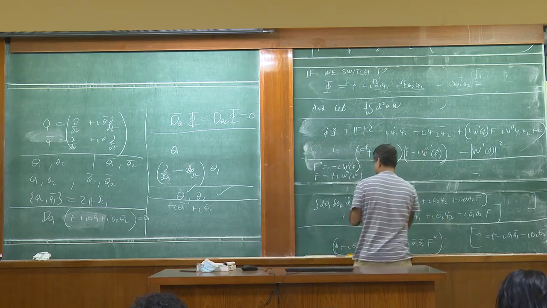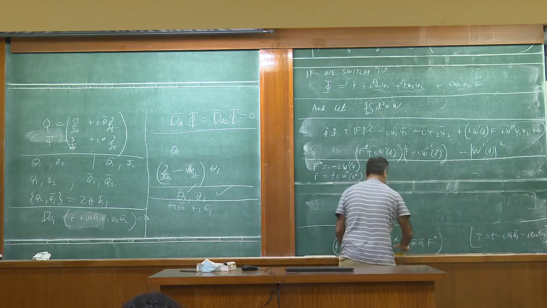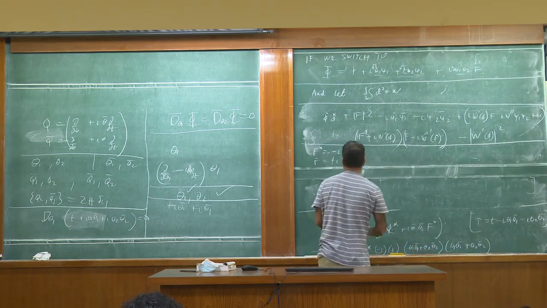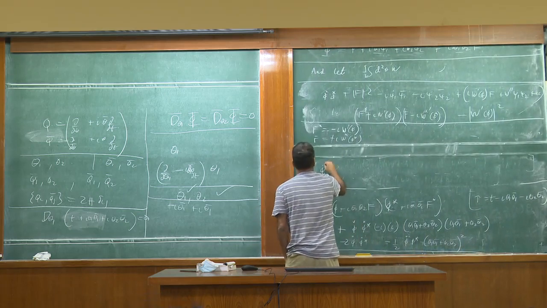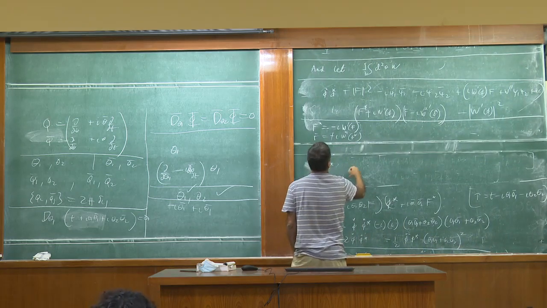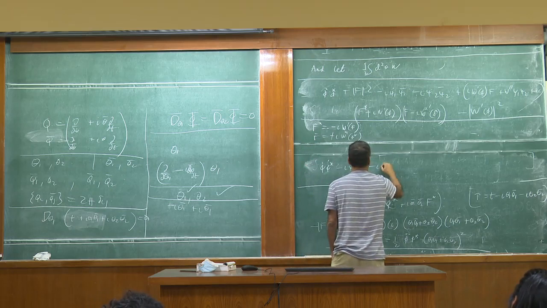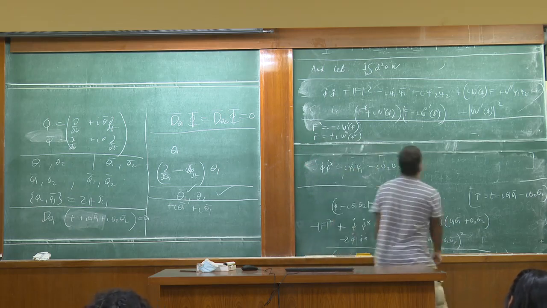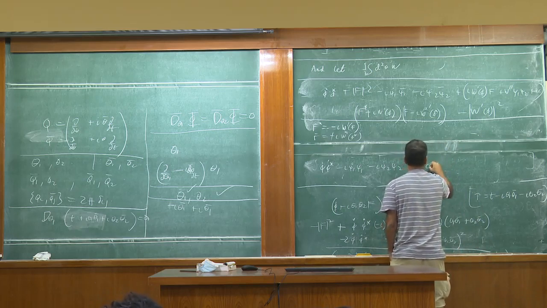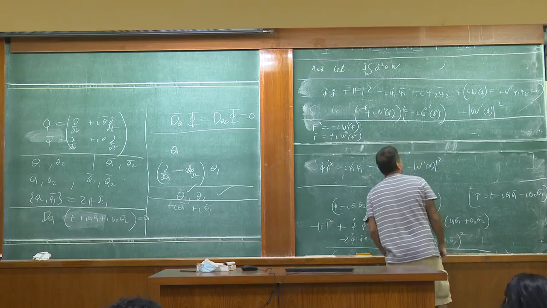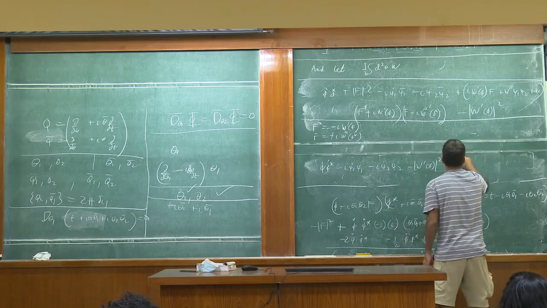And our final Lagrangian is phi dot phi star dot minus i psi 1 dot psi 1 bar minus i psi 2 dot psi 2 bar minus W prime phi squared, and finally plus W double prime.